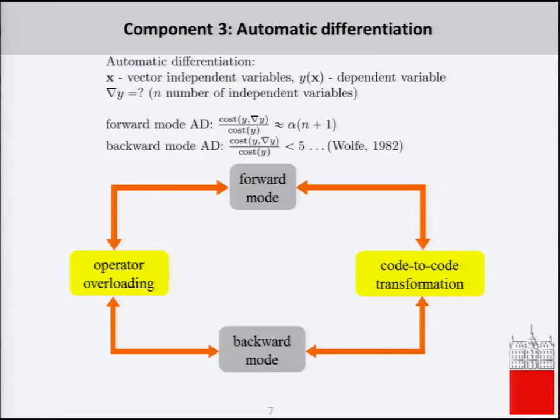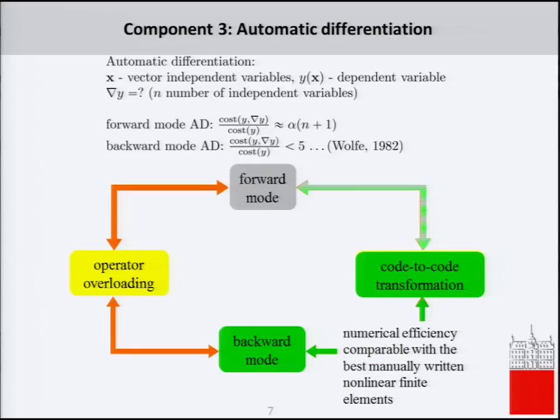If you talk about automatic differentiation, what is inside AceFEM is so-called code-to-code transformation combined with the backward mode. We have 2 modes of automatic differentiation. One is very costly, the forward mode, and there is a backward mode where the gradient can be calculated practically for free.